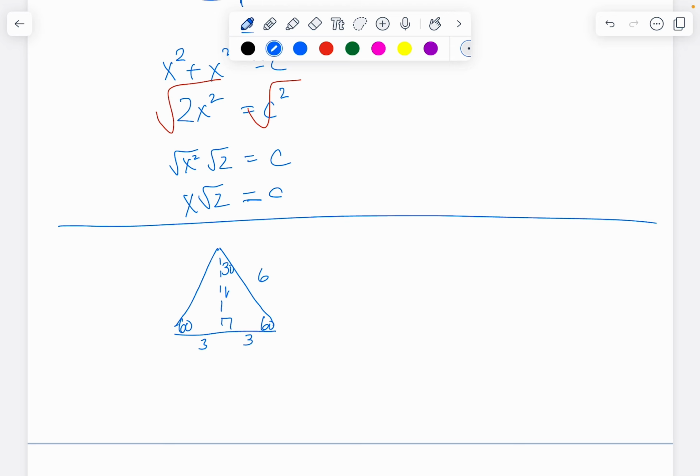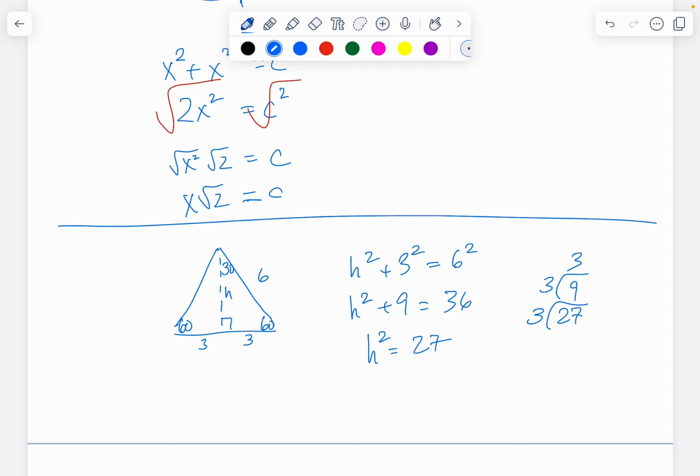So if I'm trying to find the height of that triangle, h squared plus 3 squared equals 6 squared. h squared plus 9 equals 36. Subtract, h squared is equal to 27. Divide 27 by 3, I get 9. Divide by 3, I get 3. Here's a pair of 3s, and a 3 has to stay home.